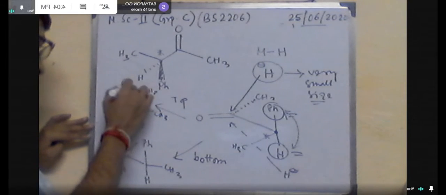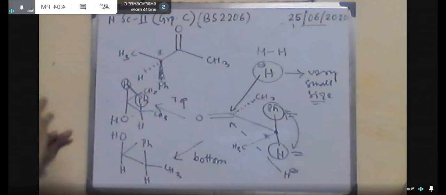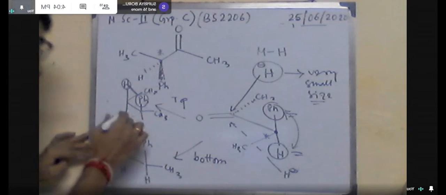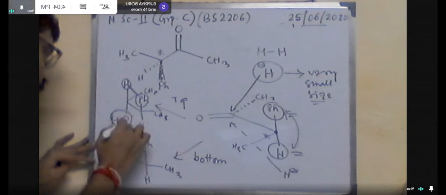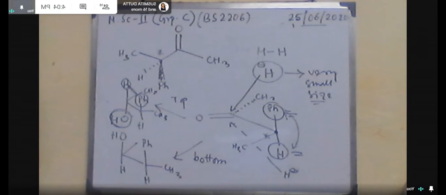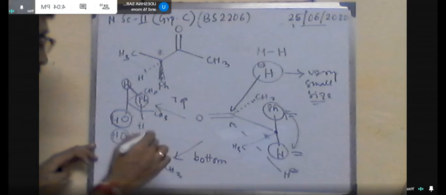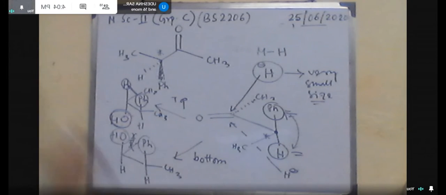This is our prime target. So this is the sterically less crowded molecule and this is the sterically more crowded molecule. As a result, there is asymmetry between the two faces. So this will be the major and this will be the minor product. So in the flying wedge projection, that means like this way, how can we show this?